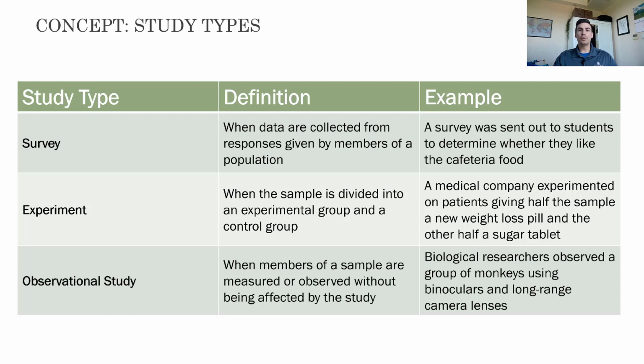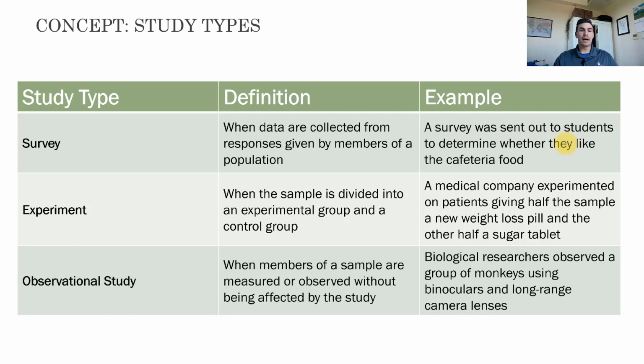So if you have 200 people and you select 50 of them and give them a survey, you might ask them, do you like the food? And they can say yes or no. Again, that's an opinion, so you're gathering opinions, and that is the data that you're going to use to make your inferences. Okay? An example of that is if you've ever had this cafeteria food, you may have taken a survey that was sent out to determine whether or not the students actually like that food or not.